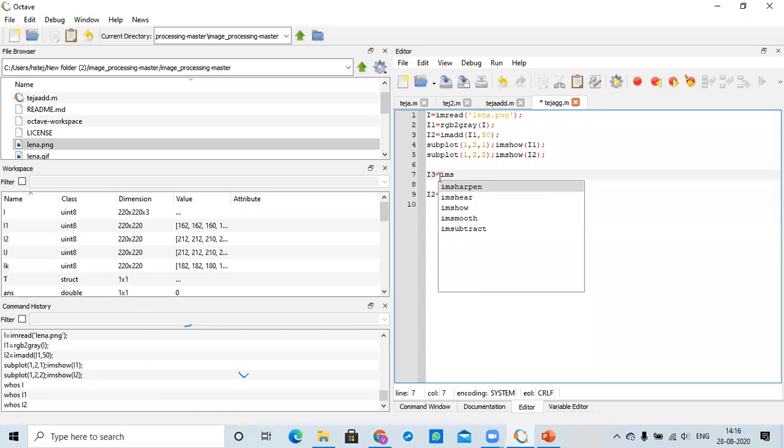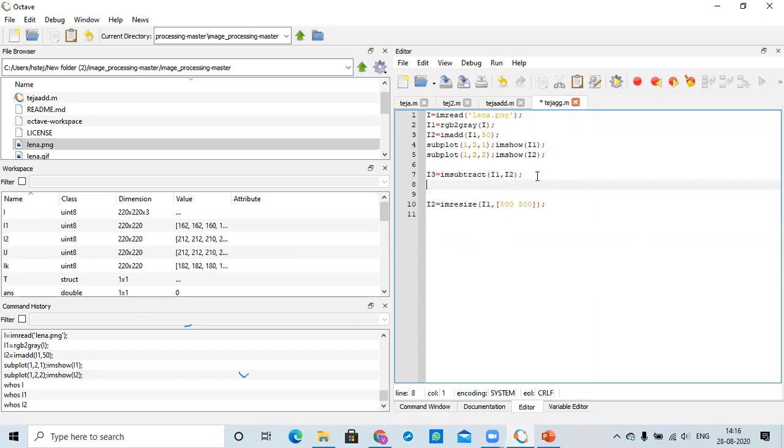For subtraction we have to use the imsubtract command. Similarly in Python also there is a subtract command. imsubtract I1 comma I2, right?